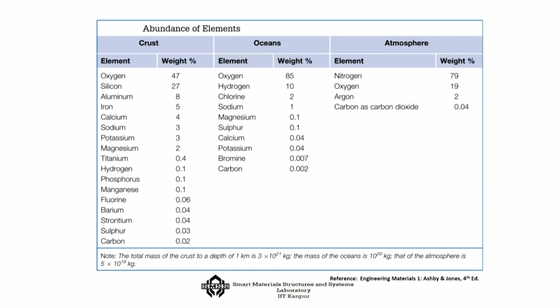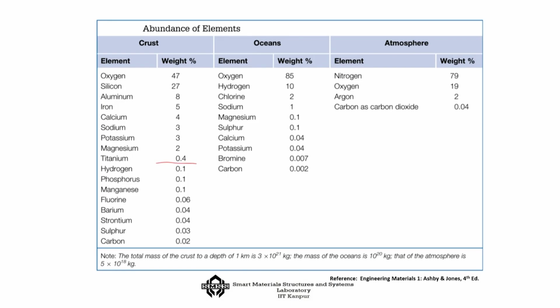Now, what about the abundance of the material? Well, in terms of the basic elements, you can see that some of the materials are not so abundant in the crust. For example, titanium is not so abundant in the crust. So, their availability is generally questionable.